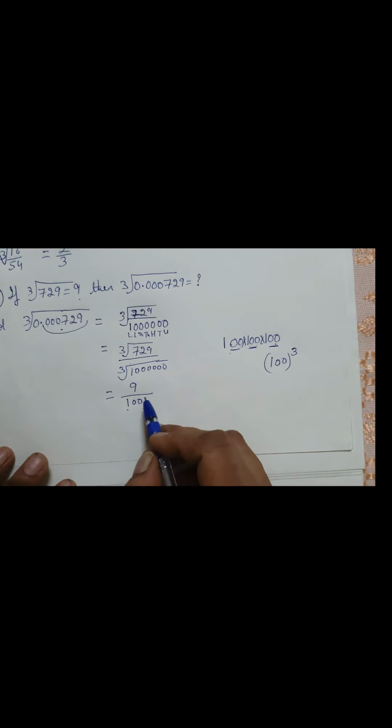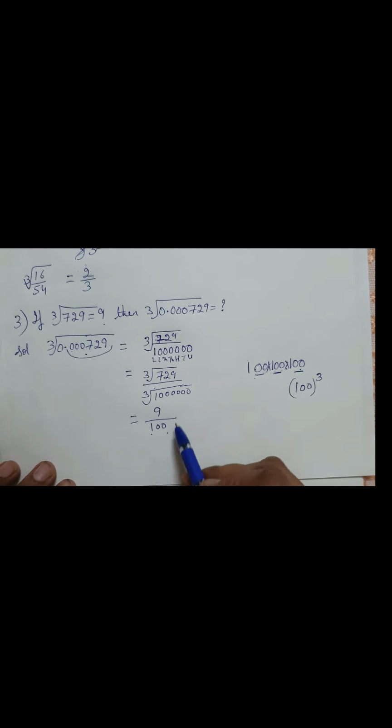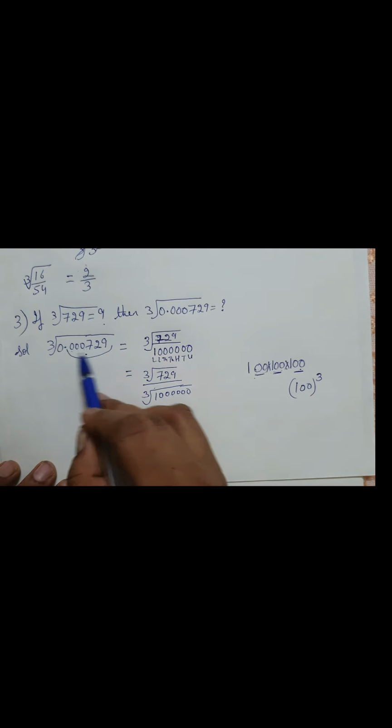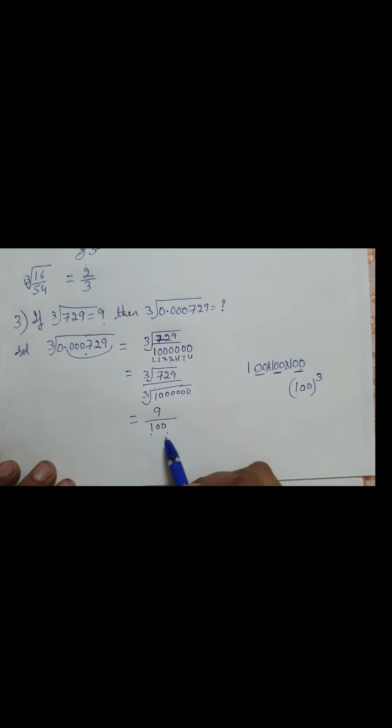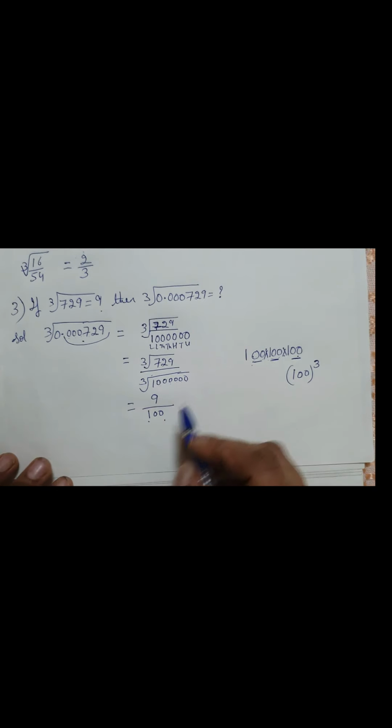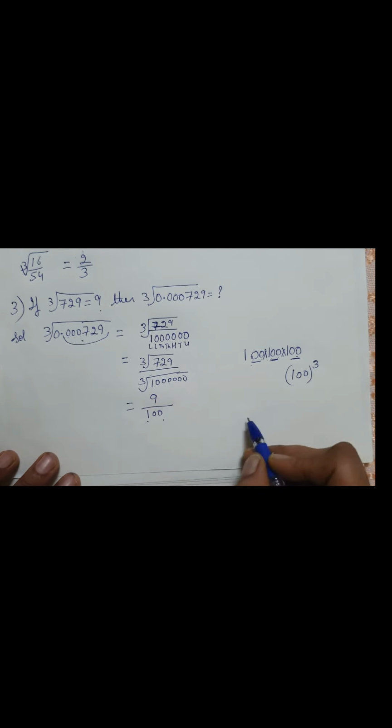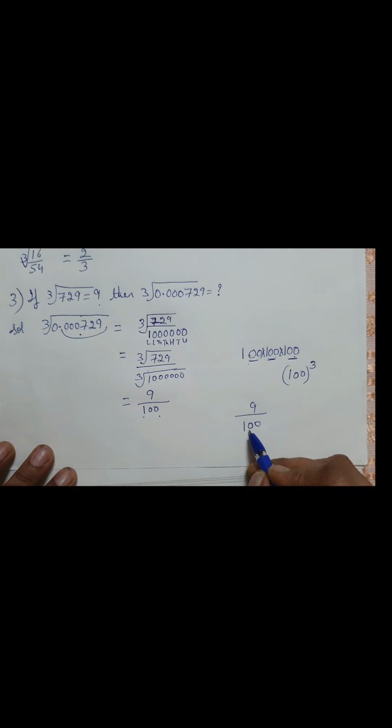Okay. So now we have to put this number, because in the question it was given in a decimal fraction. So we have to put this number into decimal fraction. So we will write in the rough. Okay. This 9 upon 100. Here in the denominator, how many zeros are there? 2. 1, 2. In the numerator, how many numbers are there? Only one number.